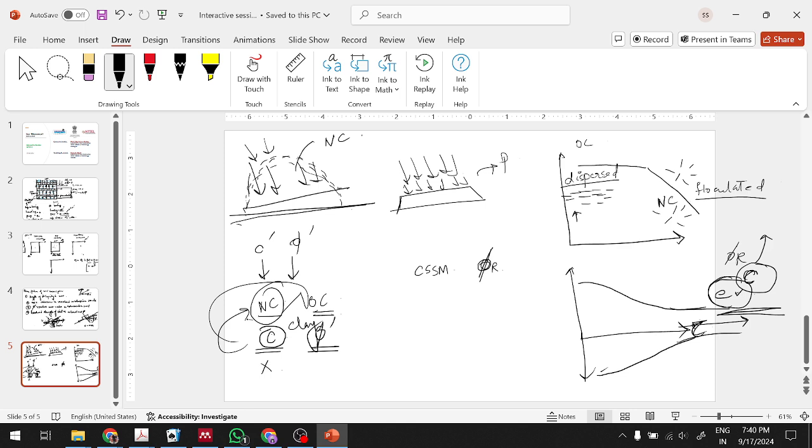And if you say that the NC soil does not have cohesion, it means that the same soil, when it becomes OC, it will have cohesion. It will be the same soil. It's not the fundamental property of the soil. Do you understand?